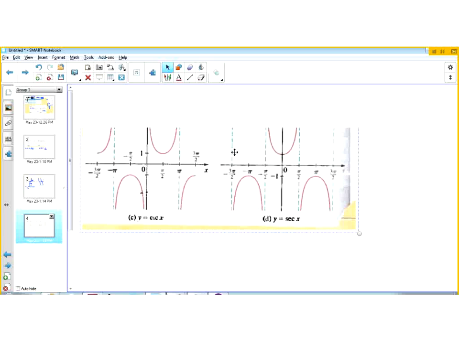All right, so here you see a periodic extension of the cosecant function. Now we know the cosecant function has period 2 pi. The graph of the cosecant function on one period, which I'll accentuate in blue, consists of this branch and then this branch.